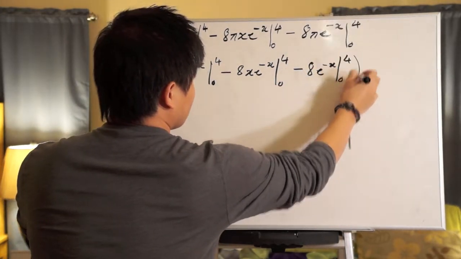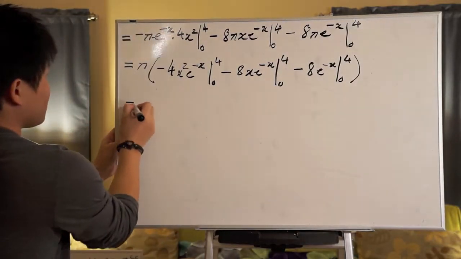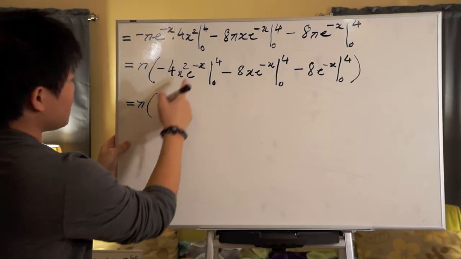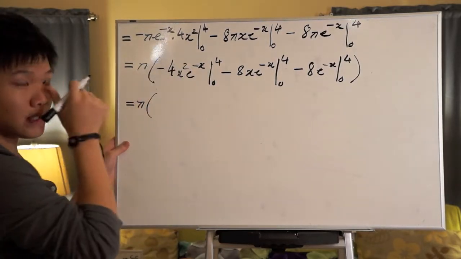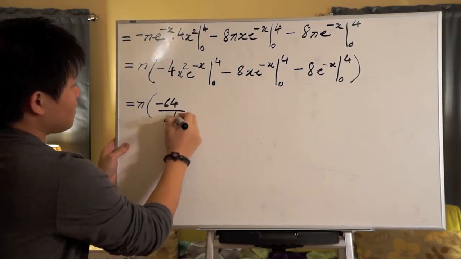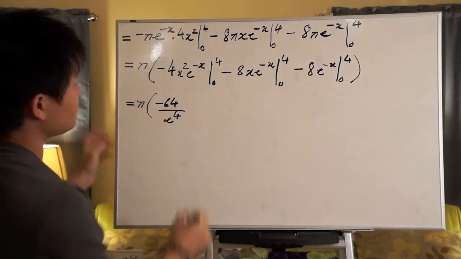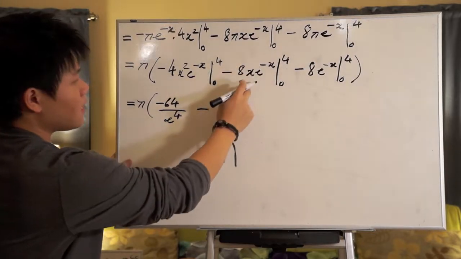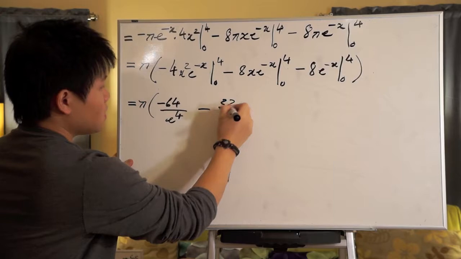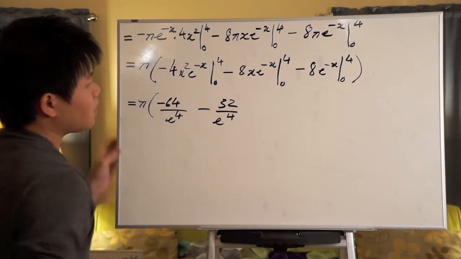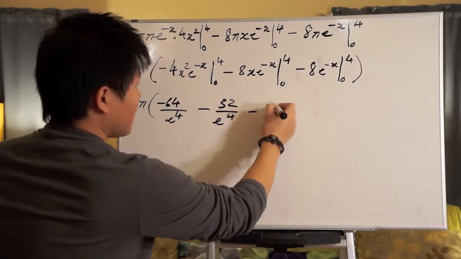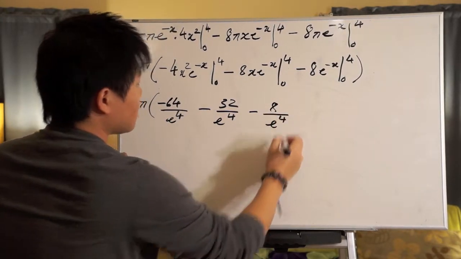So we're plugging in 4 here, that is 4 cubed, that's 64, right? So minus 64 over e to the 4th. Put 0 in, that's 0. Minus 8 times 4 plugged in there, that is 32, so 32 over e to the 4th. 0 plugged in, that's 0, and minus 8 over e to the 4th.